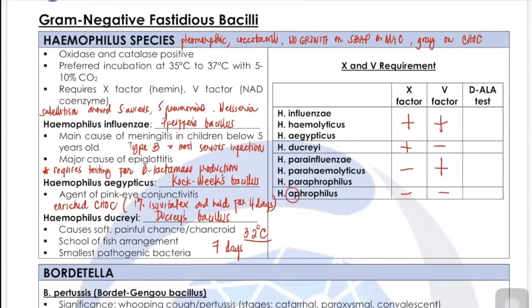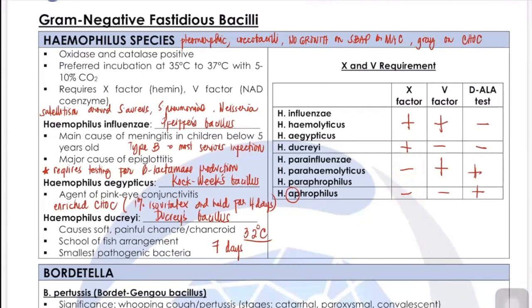Guys, another thing, the moment na hindi niya kailangan ng X factor, that makes the organism positive for the D-ALA test. Okay? So lahat ng organism na hindi nangangailangan ng X factor will automatically be positive for the D-ALA test.